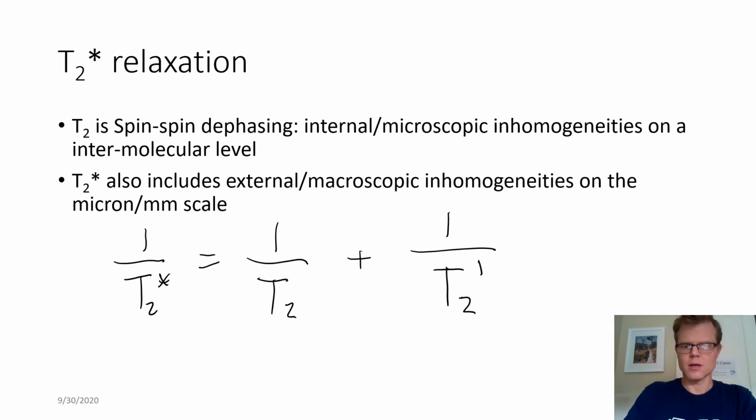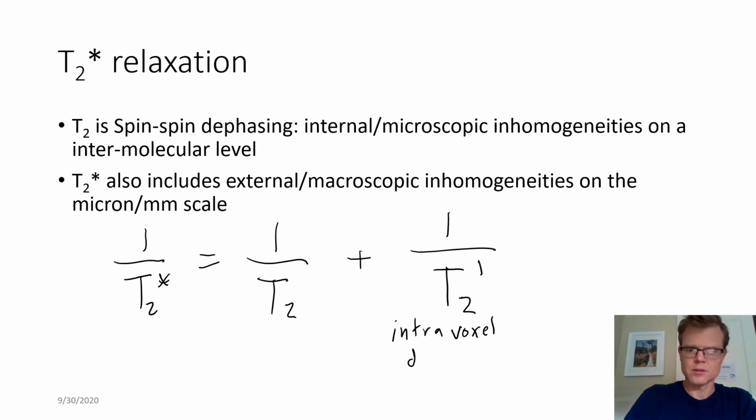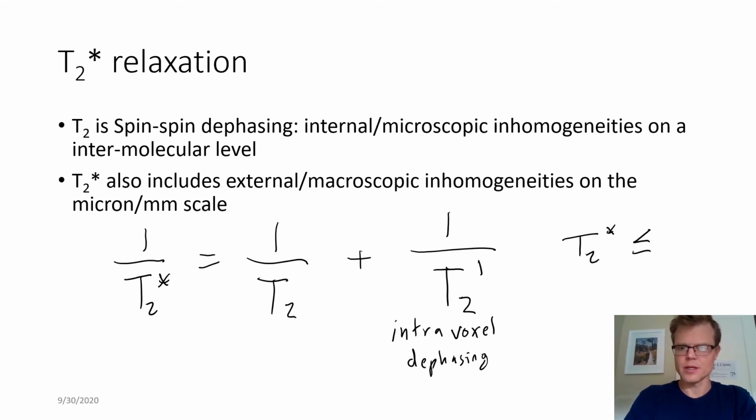And this is the intra-voxel, or within-voxel, dephasing that's going to happen and cause our signal to decay at an even faster rate. What this equation tells us is one principle: that T2* is always less than or equal to T2.